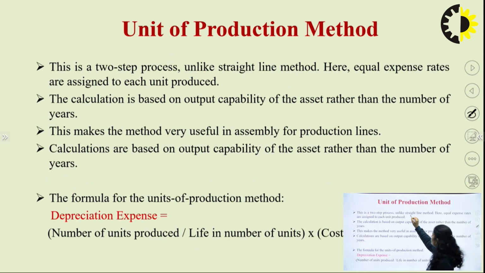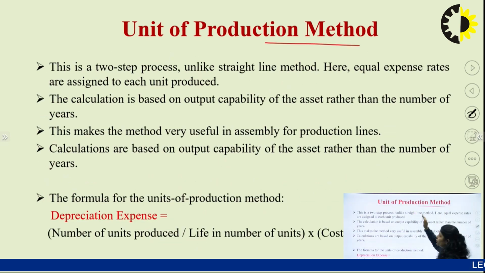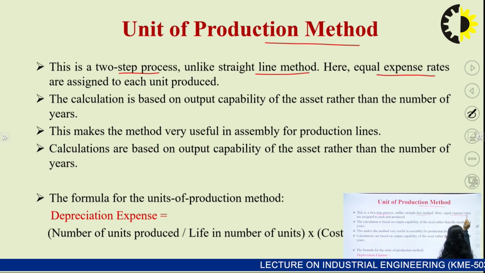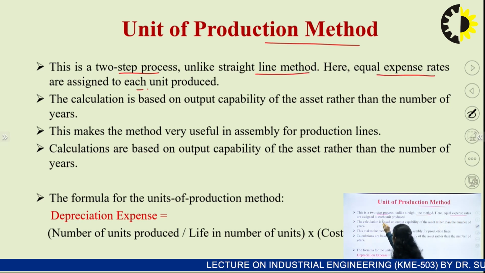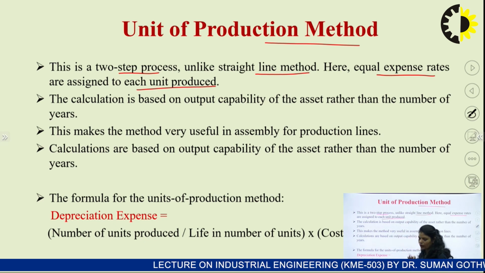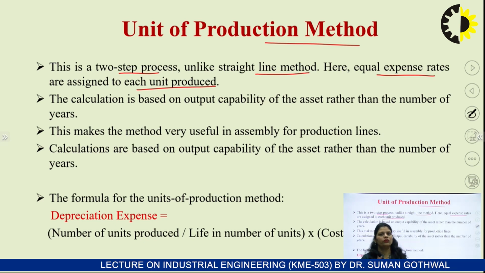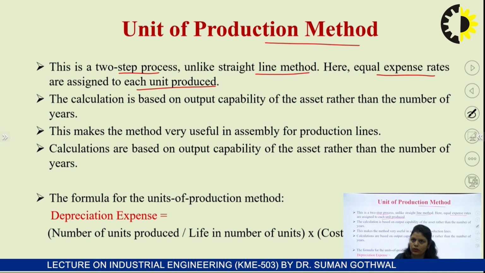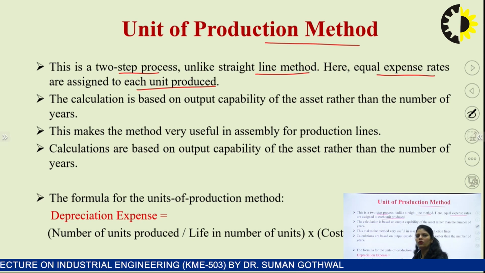Now, we come to the unit of production method. So, what is the unit of production method? This is basically a two-step process. Unlike the straight line method, here equal expense rates are assigned to each unit produced. So, here we are talking in terms of the number of units, not in terms of number of years.